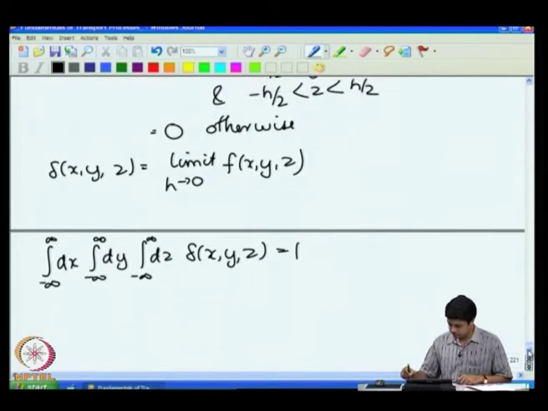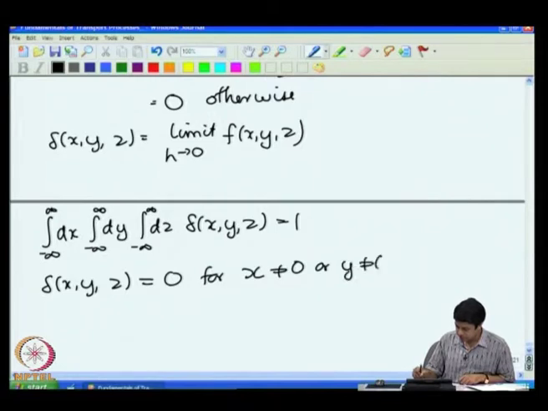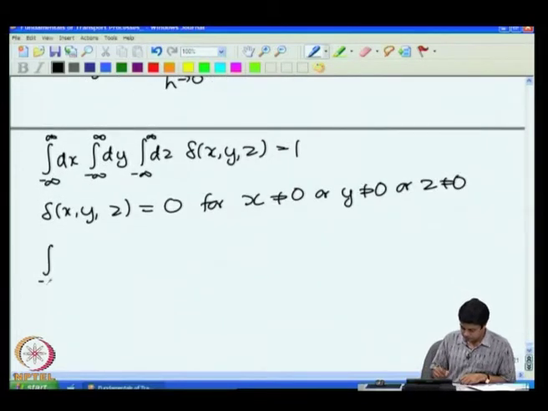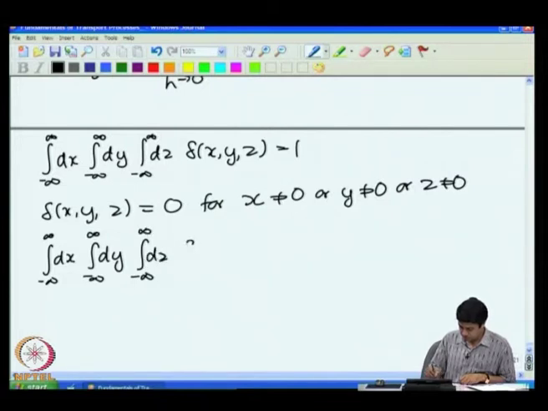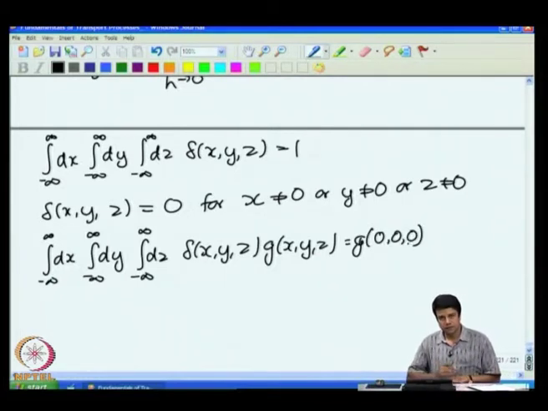It is equal to 0 for x not equal to 0 or y or z not equal to 0. These are just the analogous conditions from 1, 2 down to 3 dimensions.